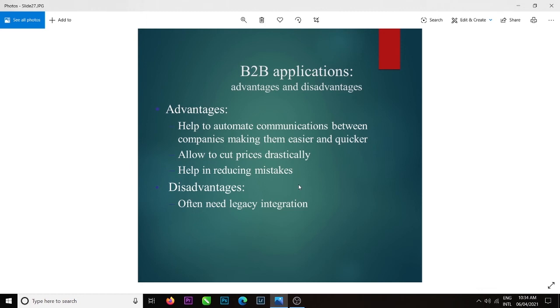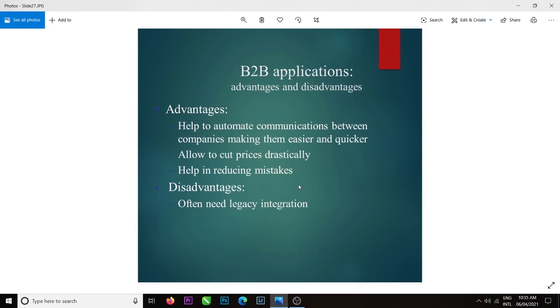Allowed to cut prices drastically. Wipro is directly supplying the goods to the government, and in bulk quantity, automatically the price will be reduced to the maximum extent. Then in reducing mistakes, at the retail level possibilities are there, but in large volume, mistakes may be reduced to the maximum extent.